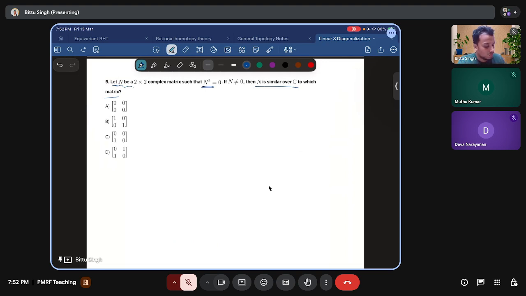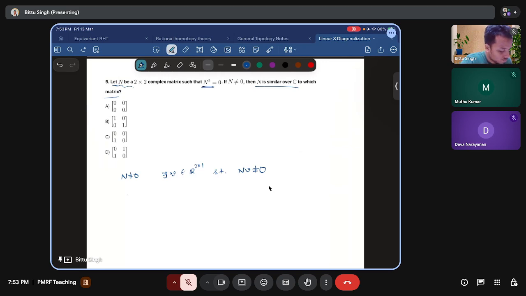Since n is non-zero nilpotent, n is non-zero, there exists some vector v, that is, a column matrix, such that n times v is non-zero, right?